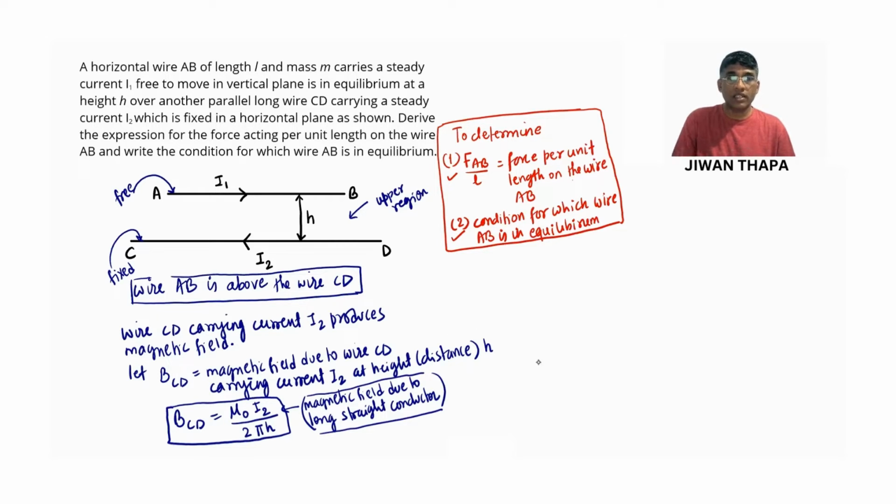This is the concept. Now, B_CD is the magnetic field, and I'm writing it in vector form. This is the magnetic field due to wire CD, above it at height h from it.